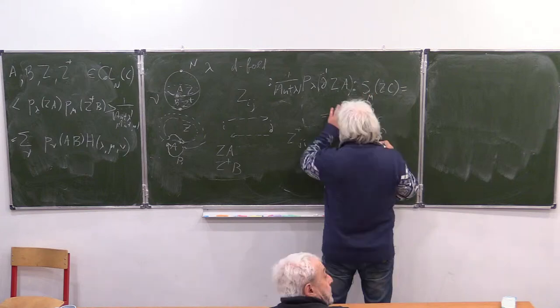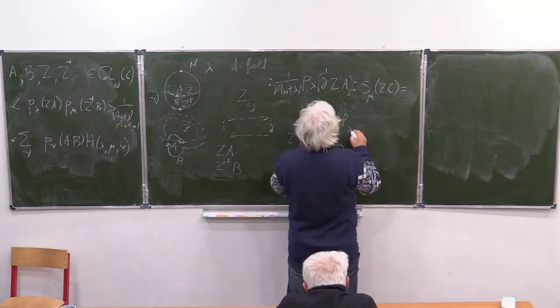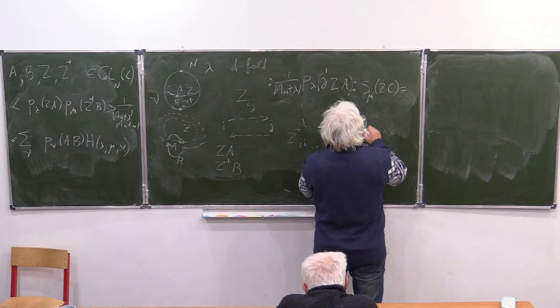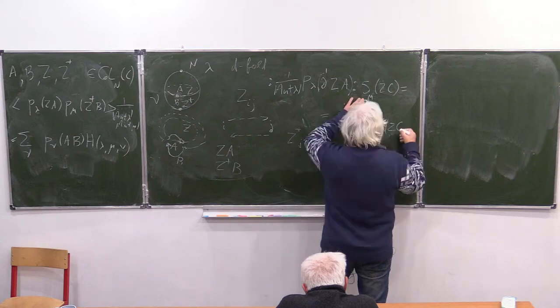No, better this way. I'm sorry. What's the main idea? It's proportional to something, Z, Z AC, like this: mu lambda times Schur functions with the same partition, but with the product A and C.